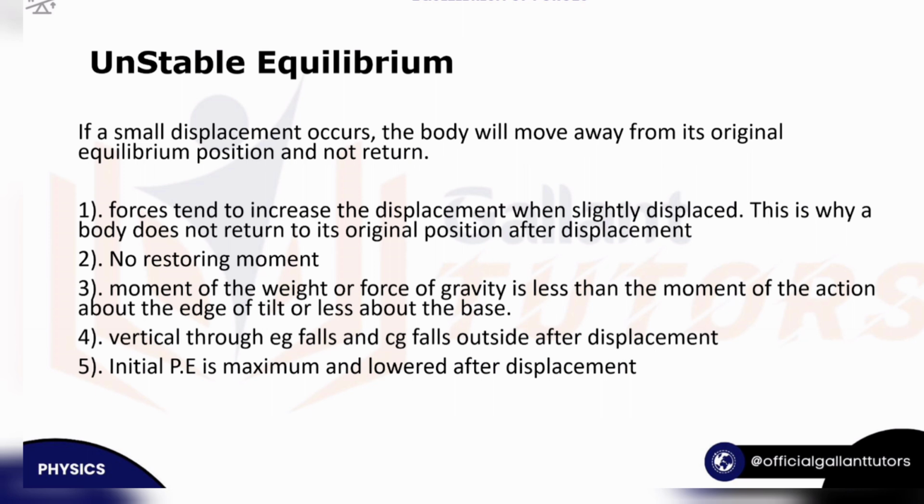Since we apply force and it goes to a new position, it does not return back to that former state, just like in the illustration using a bell. The reason such a thing is possible here is that there is no restoring moment. There is nothing bringing it back.